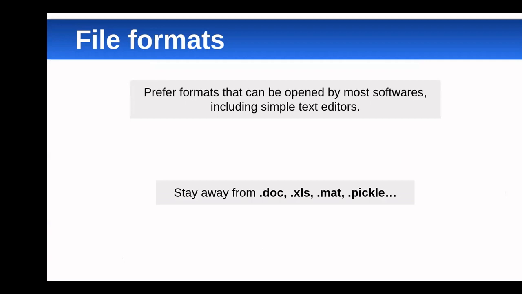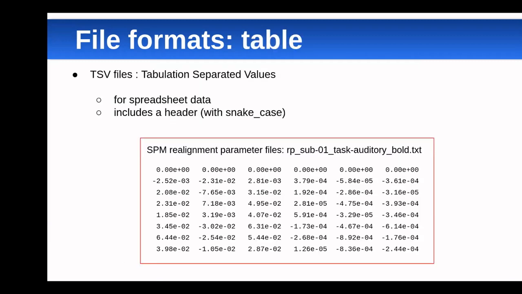So usually that means stay away from doc files for Word, from Excel files, and don't save your data in a mat file if you're working with MATLAB and similar cases. And that's why, when it comes to how you save tabular data in BIDS, we use what's called a TSV file, so tab-separated values, and that's for spreadsheets in general.